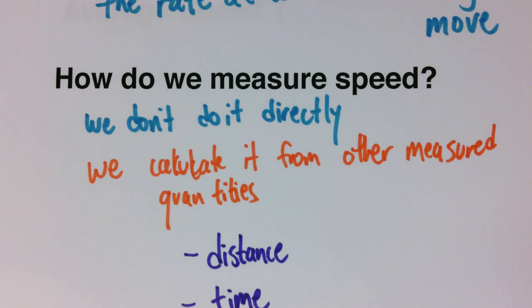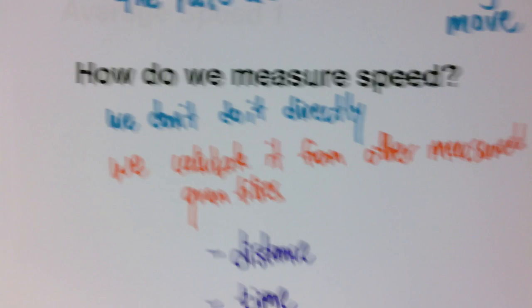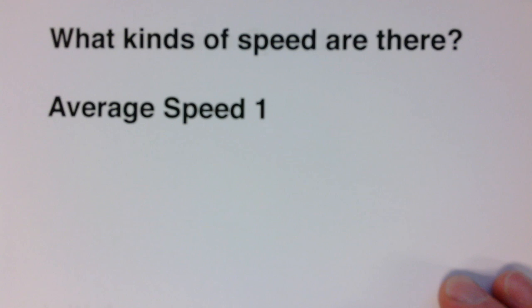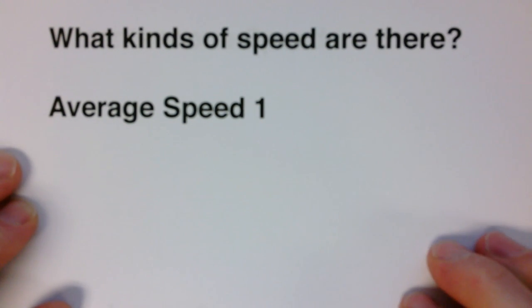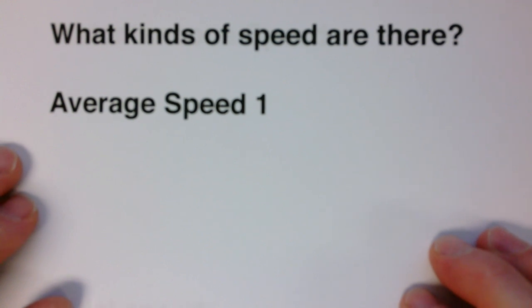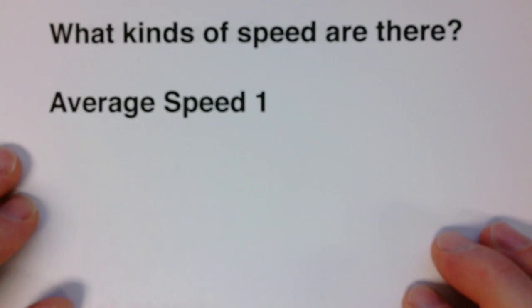Even a speedometer on a car is not measuring speed directly. It's actually measuring the distance and the time, and the speed is being calculated. Before taking physics, we just use the word speed, but there are a whole bunch of different types of speed.